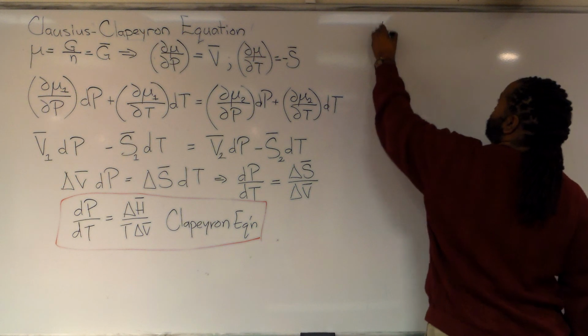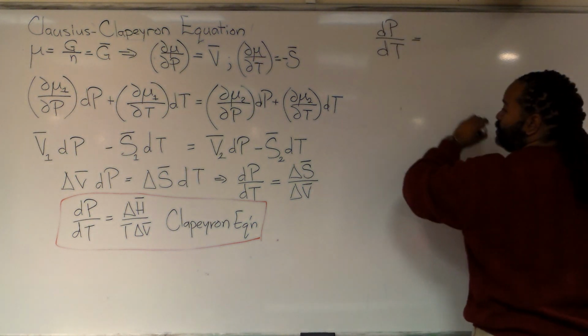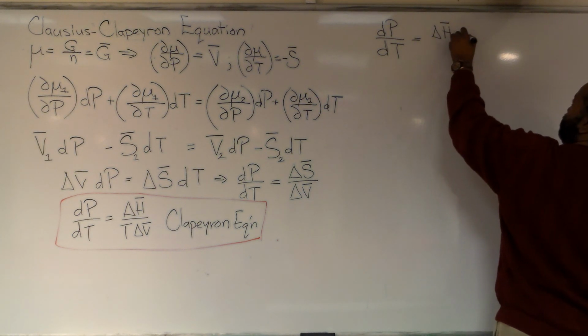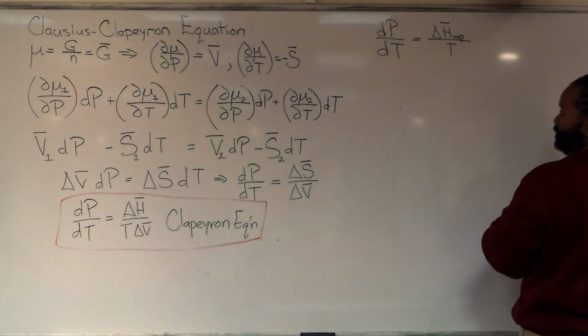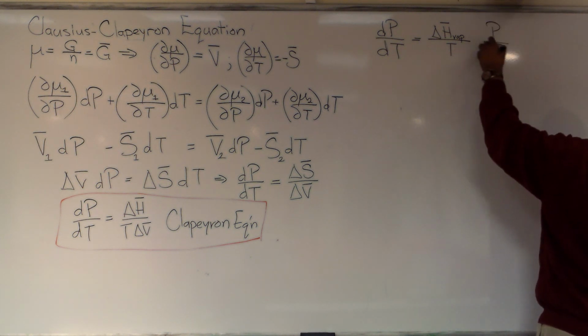So what we have next is we still have our derivative here. We still have the molar heat of vaporization over its temperature. And now we're going to have pressure over RT.